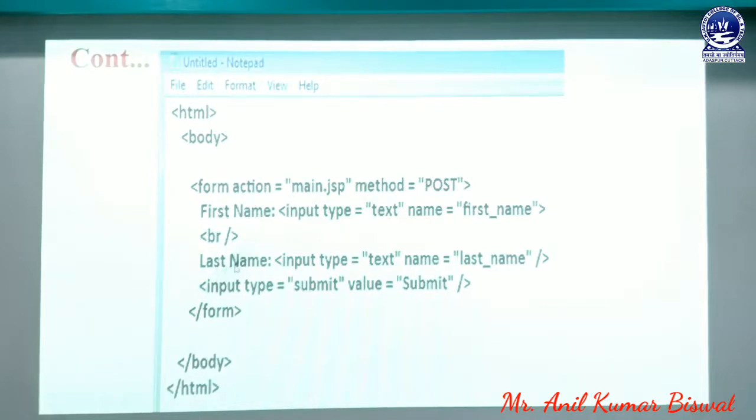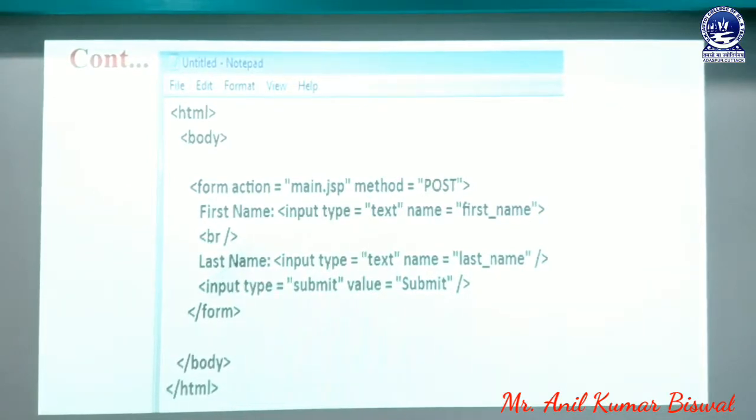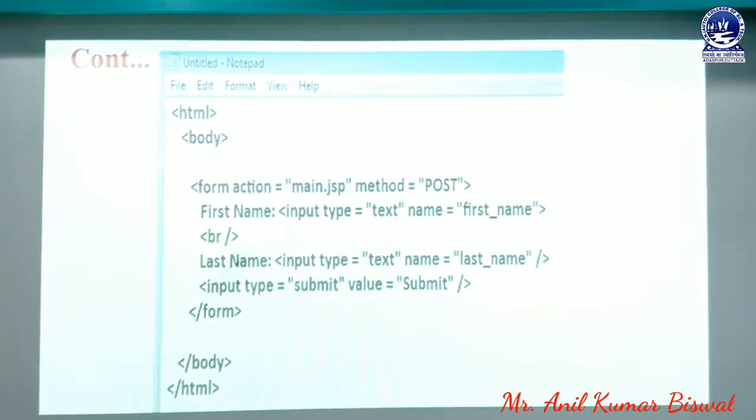Then finally we are writing a last name. For that last name we can create another text box, known as a text field in our web browser. At that moment we take the type of control named text. Whenever the user takes the type text, it helps to create a text box in our web browser.